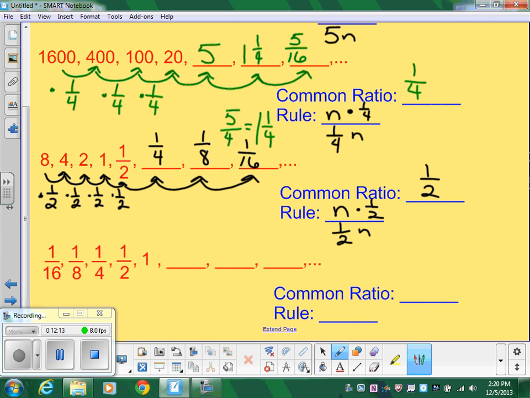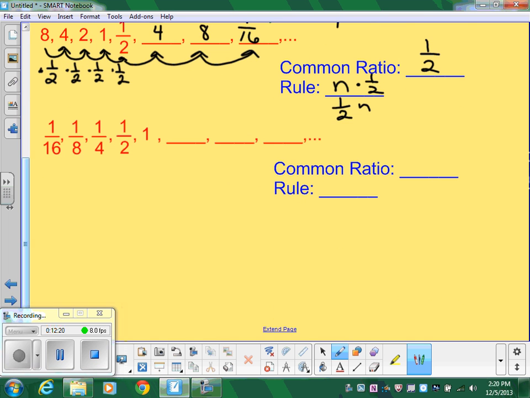Pause your video and attempt the next one on your own. Okay, so if we're looking at these terms at the moment, we can see that we're starting with a fraction. And as we continue on, these fractions are actually getting larger and larger until we end up with a whole number.